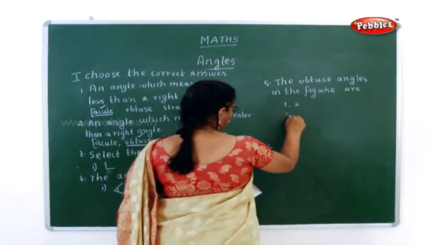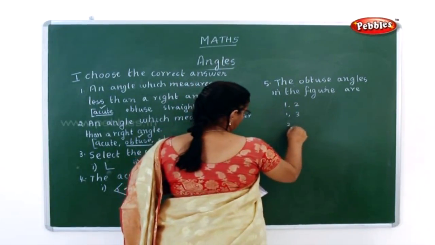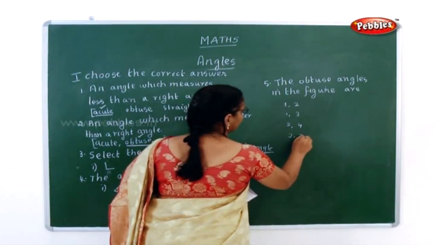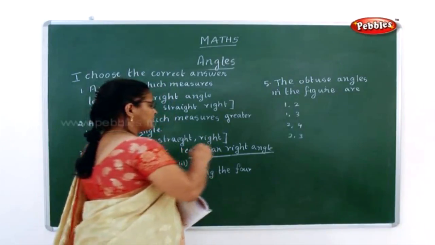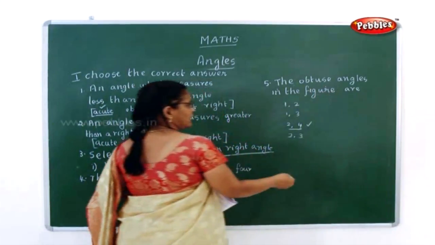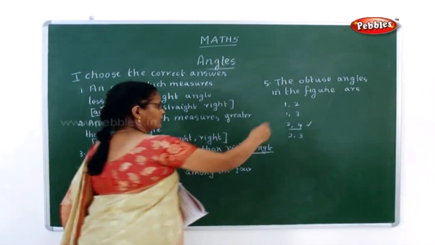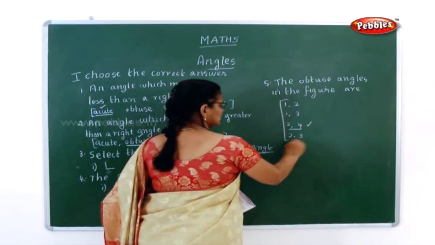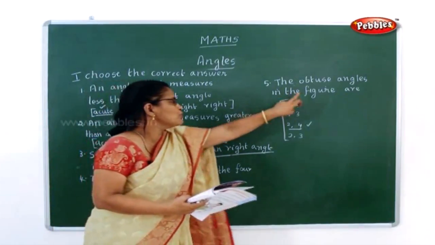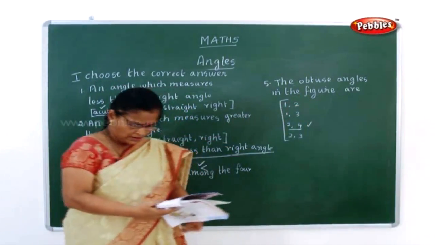The second one is 1 and 3. The third choice is 2 and 4. The last one is 2 and 3. So which one is right here? It is 2 and 4. This 2 and 4 is the obtuse angle given in the figure. So 2 and 4 is the answer for the last question.